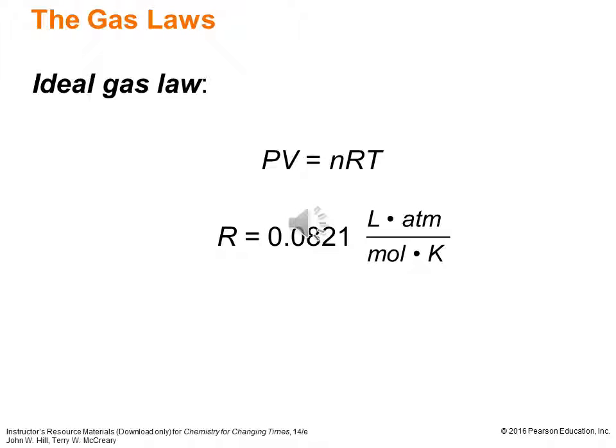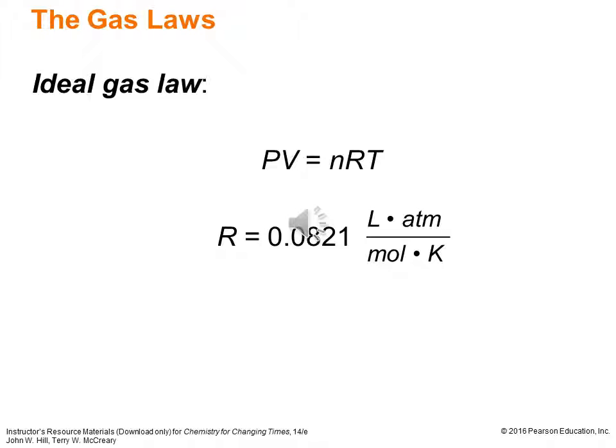So since we know that at standard temperature and pressure, so STP, and remember standard temperature for this value is 0 degrees Celsius, but of course we would use the 273 Kelvin value. We want the absolute temperature.